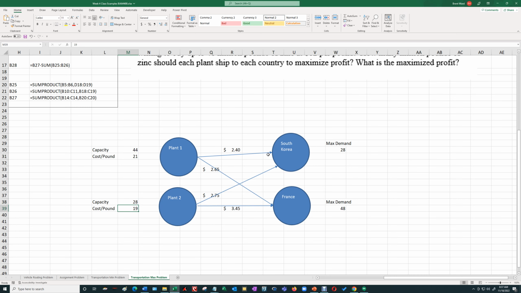The shipping costs are along the arcs from each origin, or each plant, to each destination, or country. And then we have the actual costs associated with each shipping route per pound of zinc. And then we have the demand for each destination listed over here. And these problems are laid out in this format every single time you see this type of transportation problem.